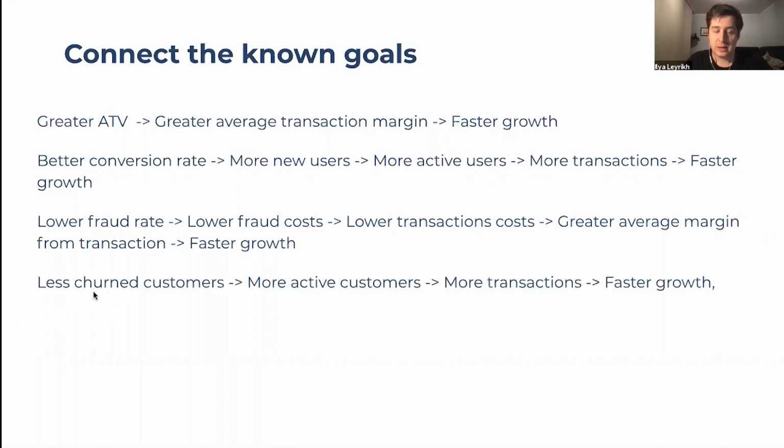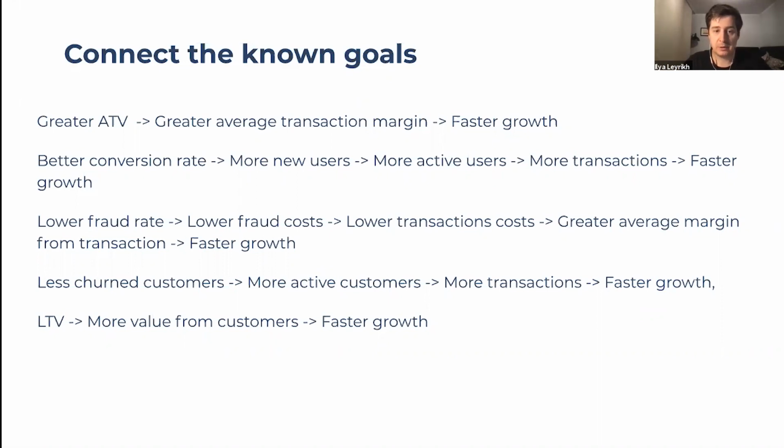Or you reduce the churn rate, which leads to fewer churned customers, more active customers, more transactions, faster growth. And the last one, for example, you are using LTV as the metric, and you know that a higher LTV for one customer is actually increasing the total turnover, the total volume for all customers, which in turn increases the revenue for the product altogether.